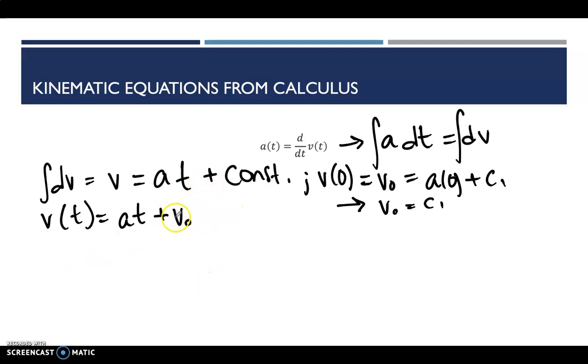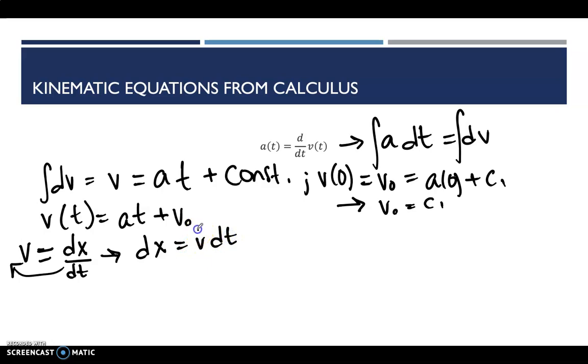Okay, so we'll do the same thing again. We'll say that v is equal to the derivative of x with respect to t, okay? And we will take the integral of both sides, so we will need to move the dt over so that we get dx equals v dt, and then integrate.